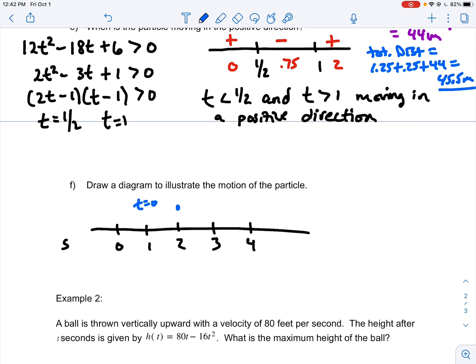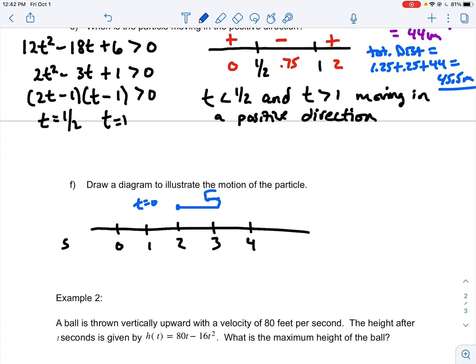Now, when you go for 1/2 second, we're now at 3.25. But notice, we're at rest. And then we come back 0.25 and are at rest again at t equals 1.